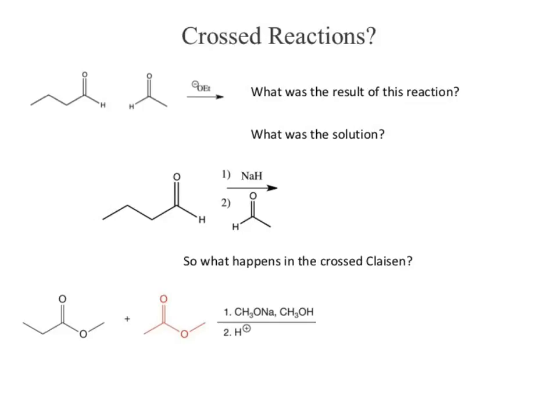So if we aren't concerned about the nucleophilic attack, then what can the base do? Where's the acidic hydrogen? Both structures have acidic hydrogens, which means two nucleophiles. Both structures have the potential for unreacted carbonyl, which means two electrophiles.